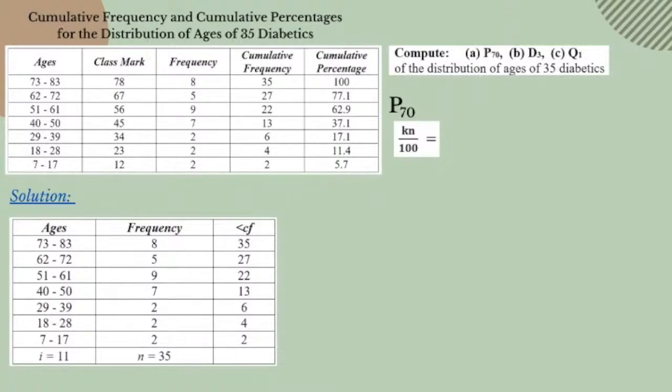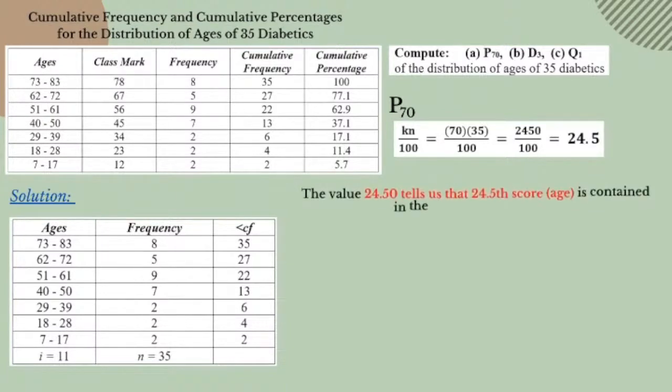So we have k times n over 100 equals 70 times 35 all over 100 equals 2,450 divided by 100 equals 24.5. The value of 24.5 tells us that the 24.5 score is contained in the class interval 62 to 72.